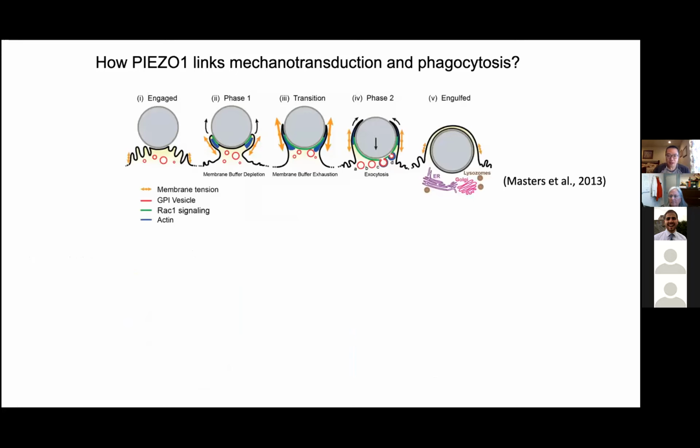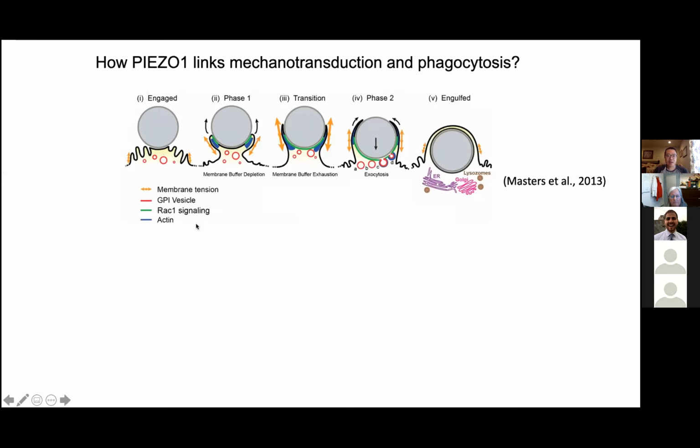Okay. So then we tried to get more mechanisms of how PIEZO1 can link mechanotransduction to phagocytosis. It is well known that during phagocytosis, the plasma membrane tension plays an important role, so there are dynamic plasma membrane tensions in this process.